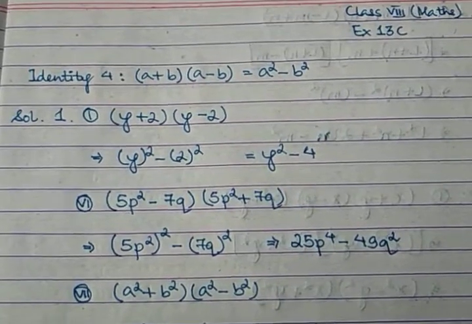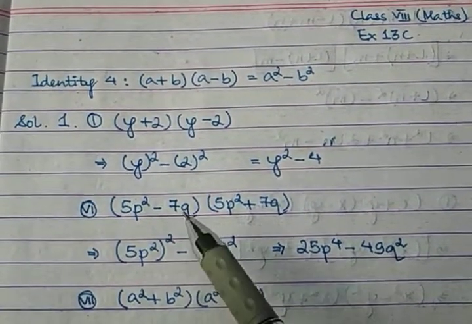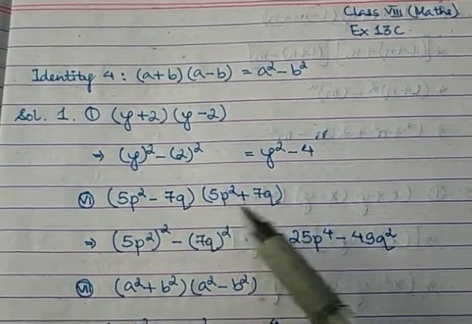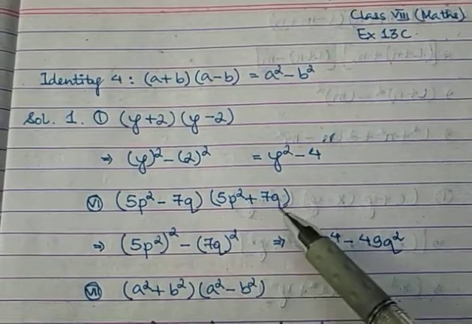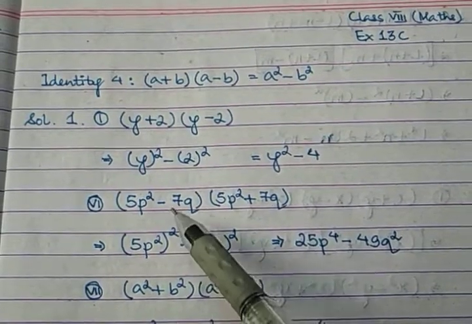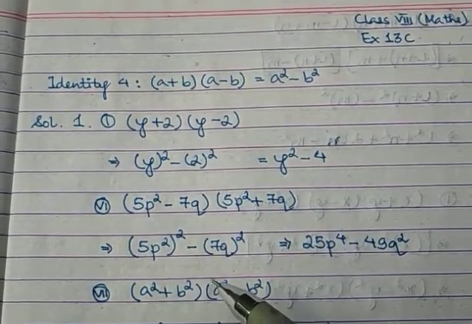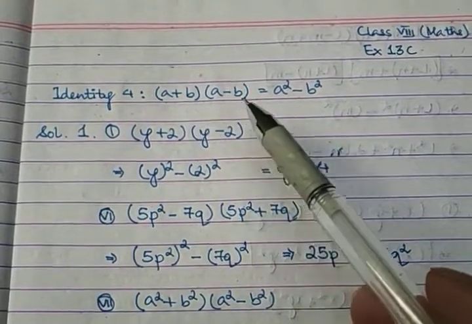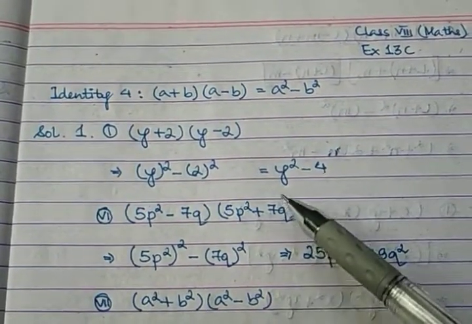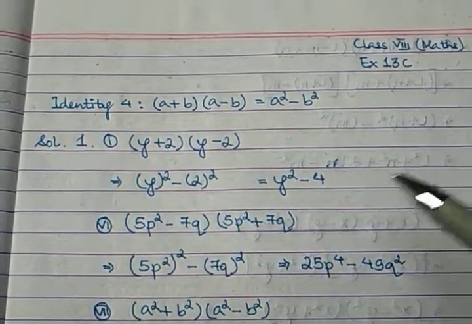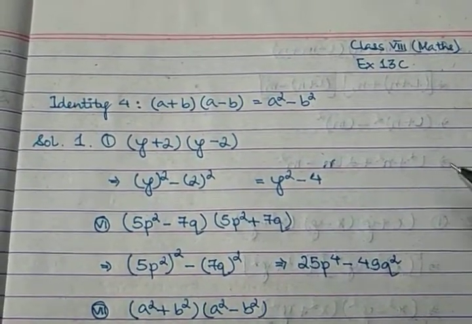The second question we have here is (5p square minus 7q) into (5p square plus 7q). Again, multiplication of binomials. The first terms are same, the second terms are also same, it's just that the signs are different, minus and plus. So either it be (a plus b)(a minus b) or (a minus b)(a plus b), same thing, because multiplication is commutative, that is 3 into 2 will give you 6, as well as 2 into 3.